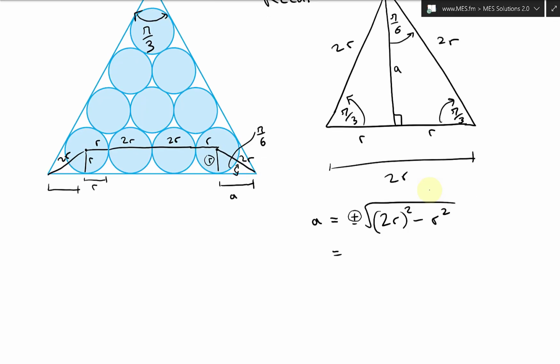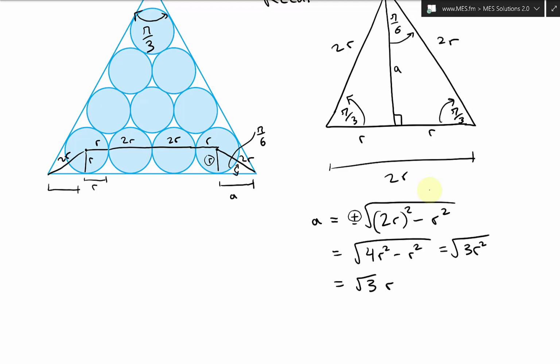So a is equal to the square root of 4r squared minus r squared, which equals the square root of 3r squared, and this equals square root 3 times r, like that.